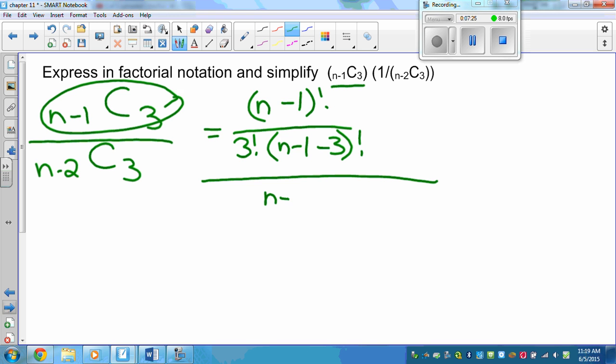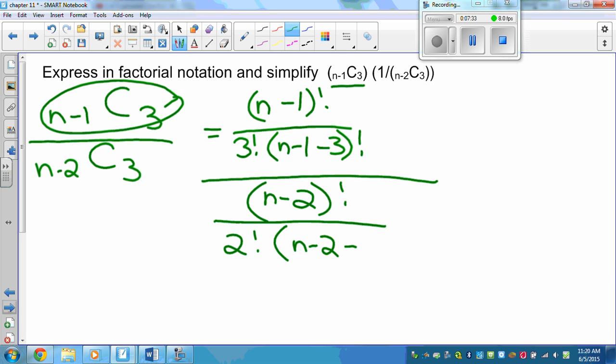This is n minus 2 factorial over 2 factorial times n minus 2 minus 3 factorial. Sorry, this should have been a 3 here as well. That's where this number came in.